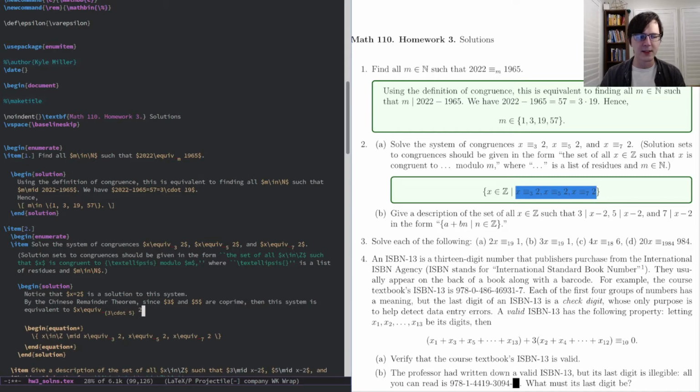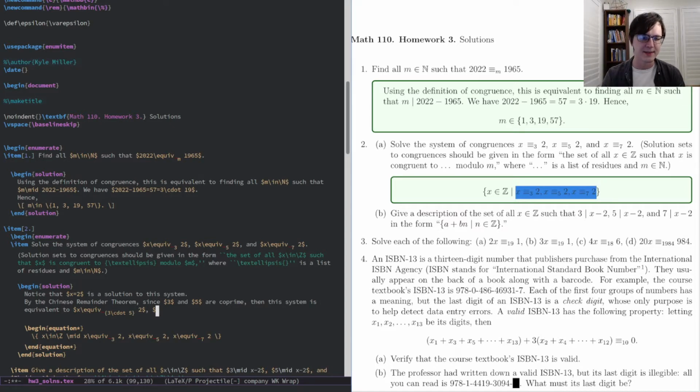By the way, there is a version of the Chinese remainder theorem that can handle multiple congruences simultaneously. So if for some reason you're not in Math 110 and you're watching this, that's why we're doing it this way. It's easier to explain than to use.